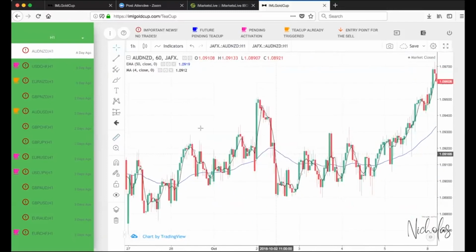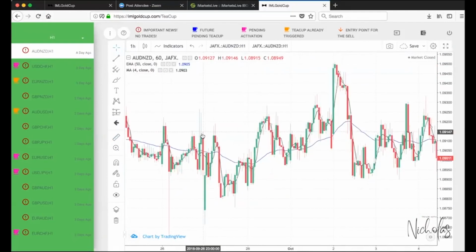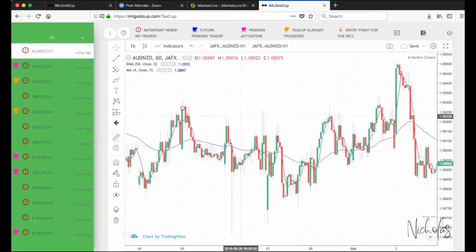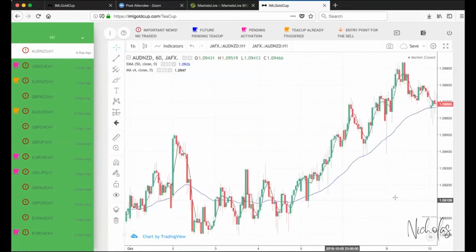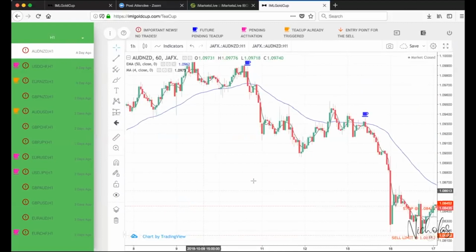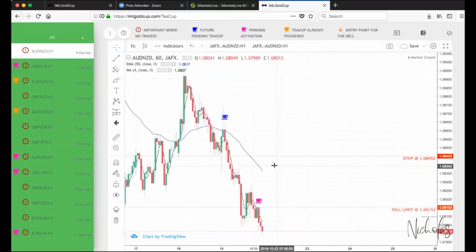What pair throws really high wicks? If you find a pair that's over 15 pips, just remember to put your sell limit at the middle of the wick. Okay, that's a teacup rule. You guys understand that?